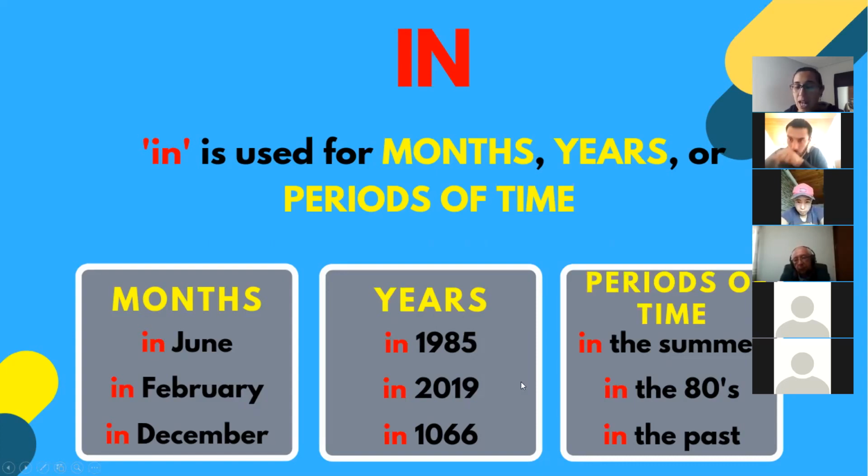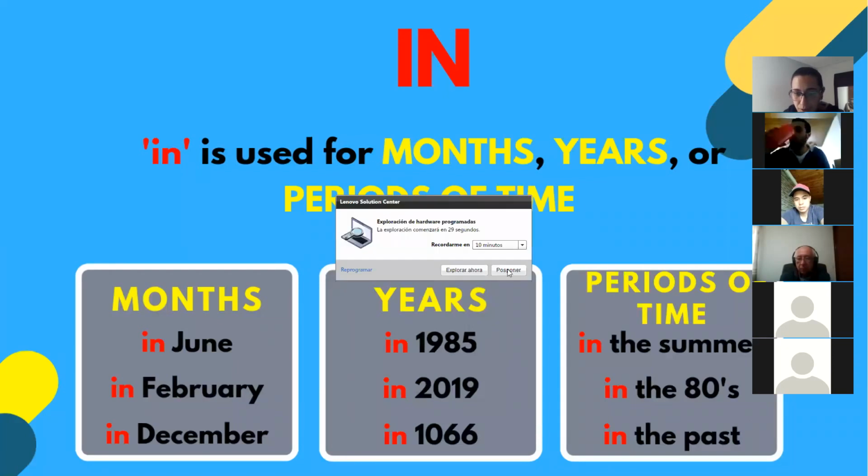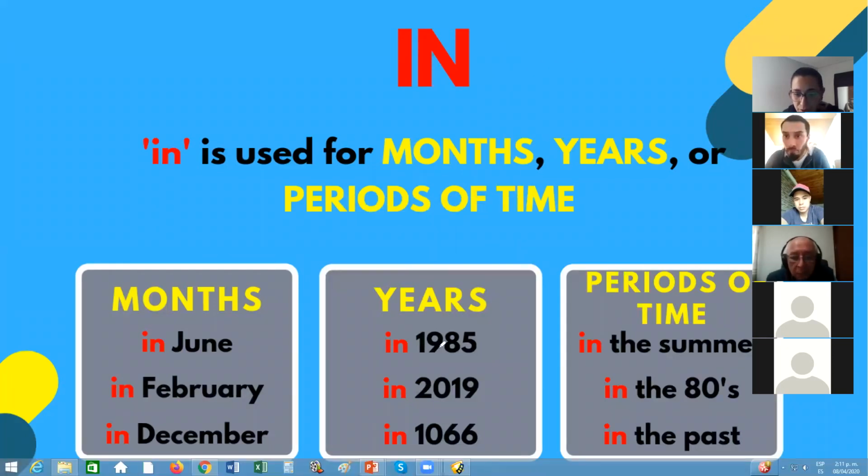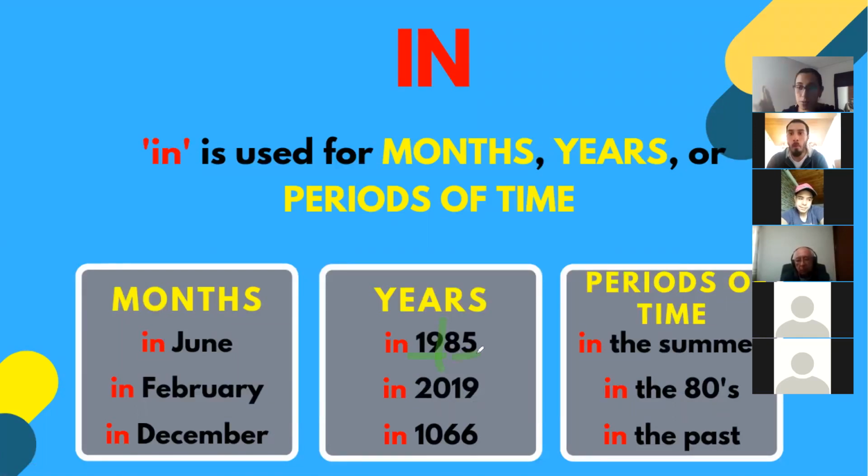Another use of the preposition in is expressing the years, right? As you remember, we can pronounce the years always dividing them into parts. So you say in 1985, you have a division, 2 and 2, when you pronounce them, exactly, as you mentioned before. In the case of years from 2000 up, we have 2 different options.